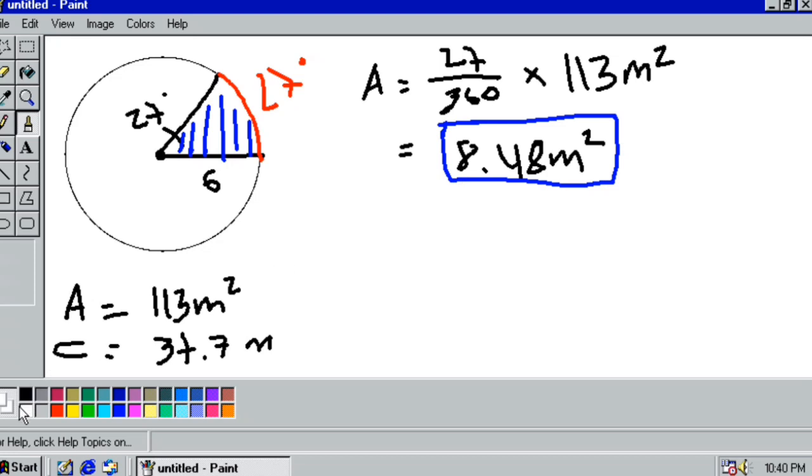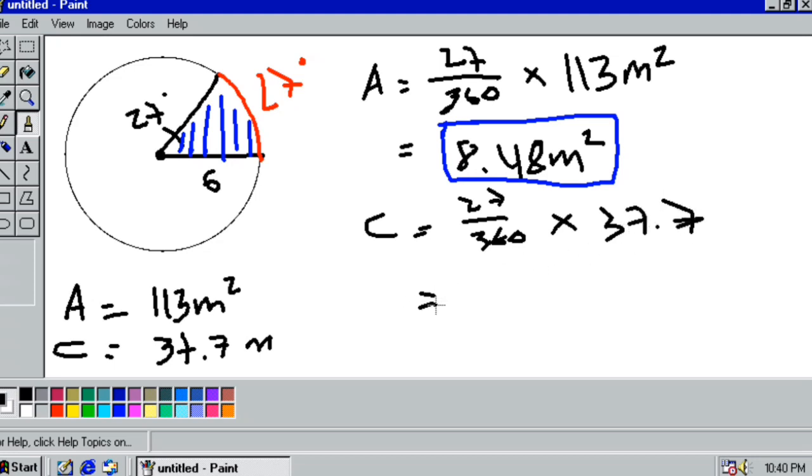Now let's find the length of this arc. So we'll have the same 27 over 360, then we multiply it by the full circumference of the circle, which is 37.7.